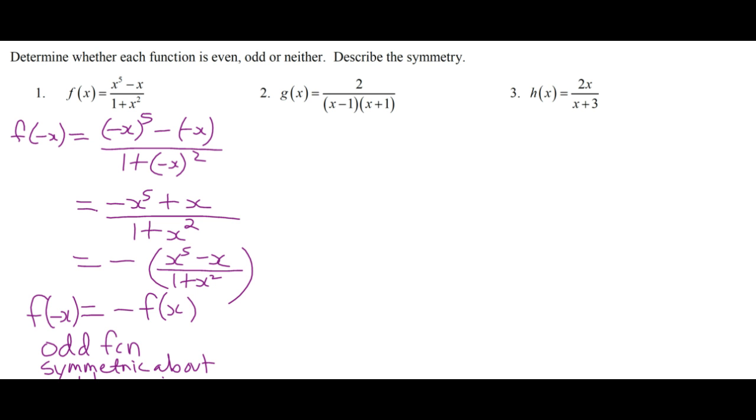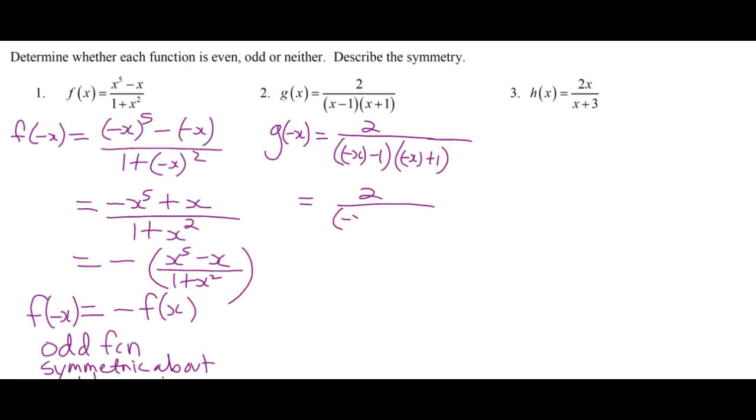G of x. So we're going to have to work out g of negative x, which means everywhere we see an x, we're going to replace it with negative x. I guess I could remove these brackets if I wanted to.